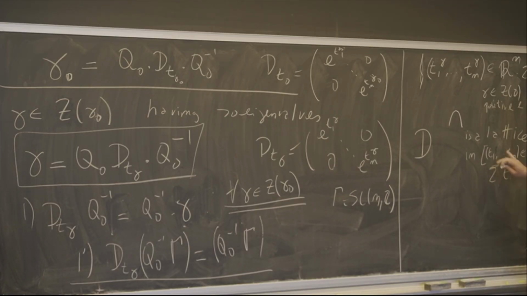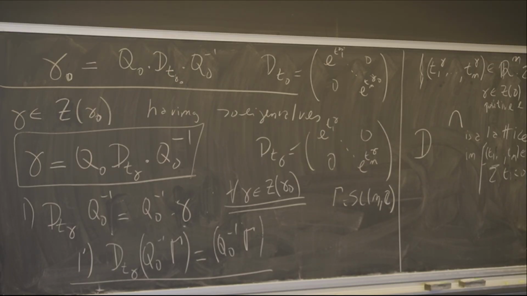So I have this copy of R^(n-1) embedded in Rn, which I identify with the diagonal group, which is a vector space. And I have this subgroup, and this subgroup is a lattice, but as I said, this requires a proof. It will not be hard, but we will see it soon, that it is a lattice.